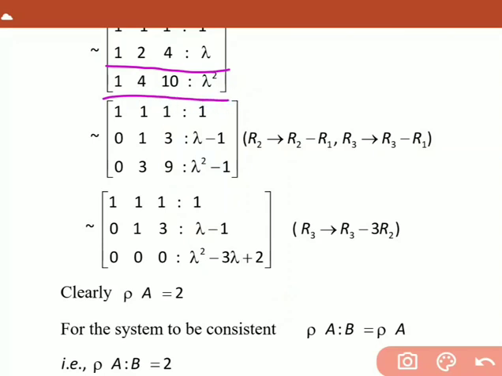Now for that you have to use R2 changes to R2 minus R1 because in first row we have 1 1 1, and R3 changes to R3 minus R1. So you will get R1 minus R1, 1 minus 1 is 0, 2 minus 1 is 1 and 4 minus 1 is 3 and similarly it is lambda minus 1. And third row is 1 minus 1 is 0, 4 minus 1 is 3, 10 minus 1 is 9 and lambda square minus 1.